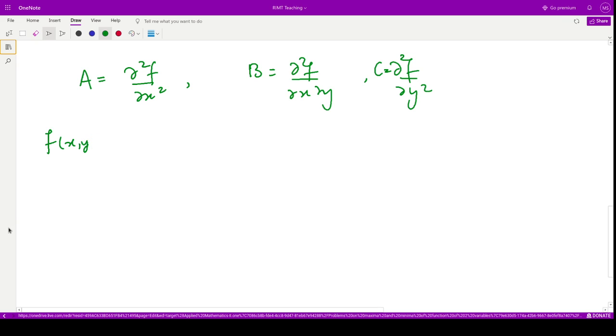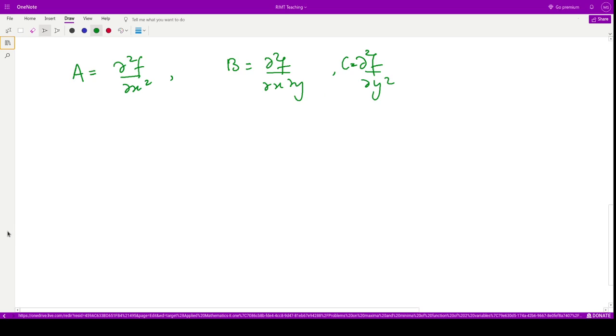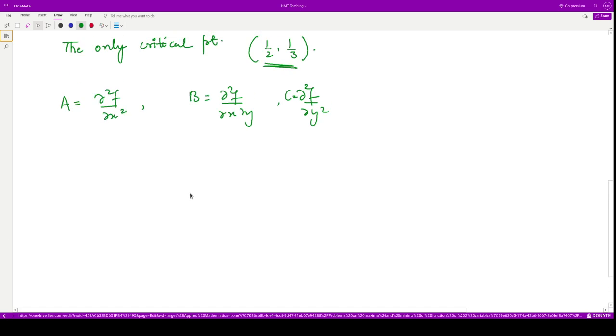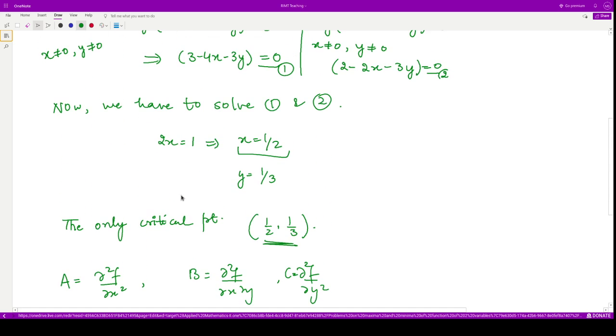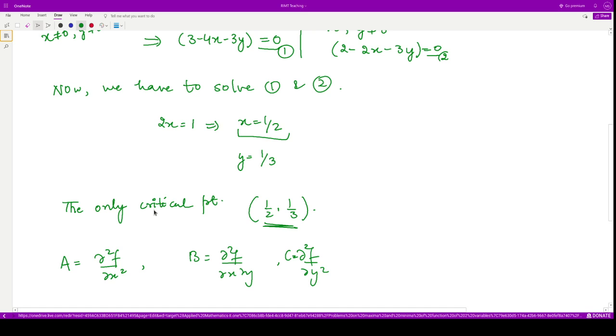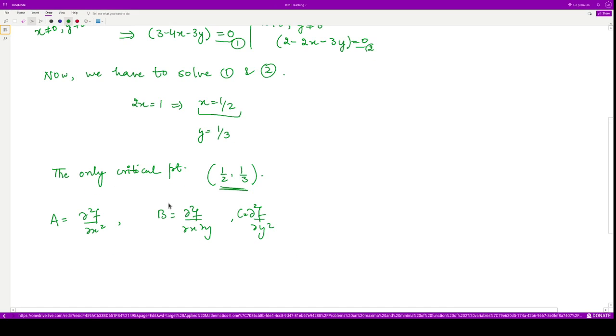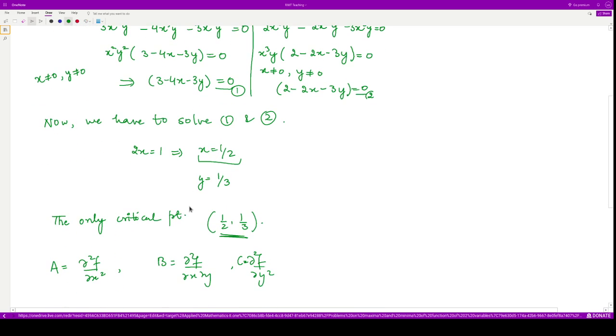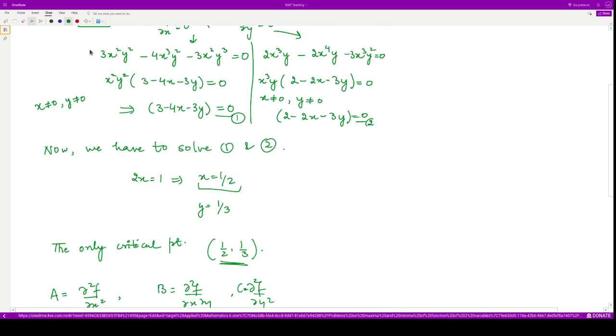You can just calculate them from the first derivatives. So when you look at the first derivatives, these are your first derivatives, this quantity and this quantity.